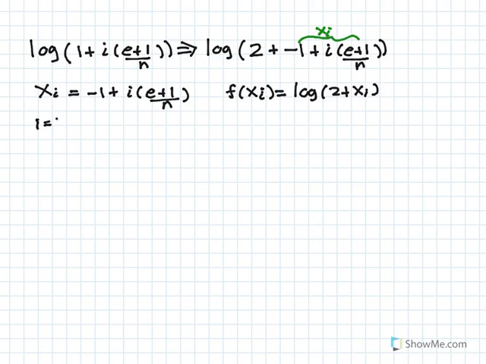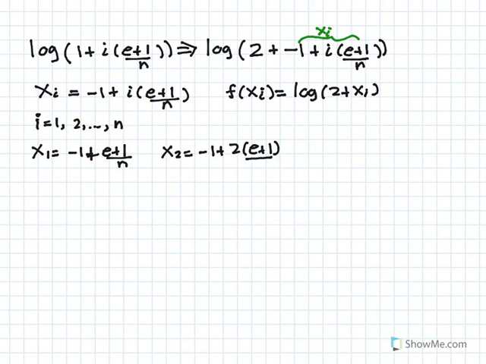So i ranges from 1 all the way to n. Plugging in i equals 1, x1 is negative 1 plus (e plus 1)/n. x2 is negative 1 plus 2 times (e plus 1)/n. And xn, this is the last x value, xn is equal to negative 1 plus n times (e plus 1)/n.